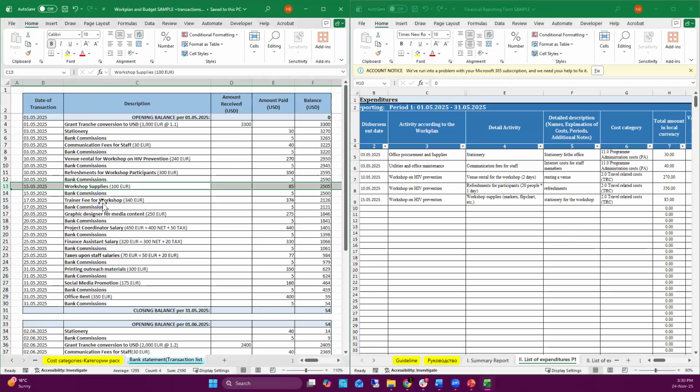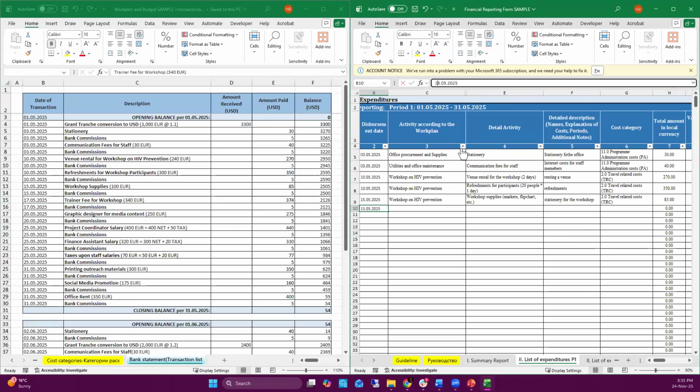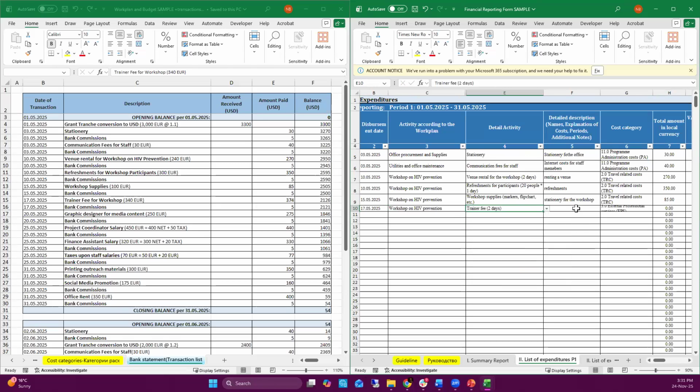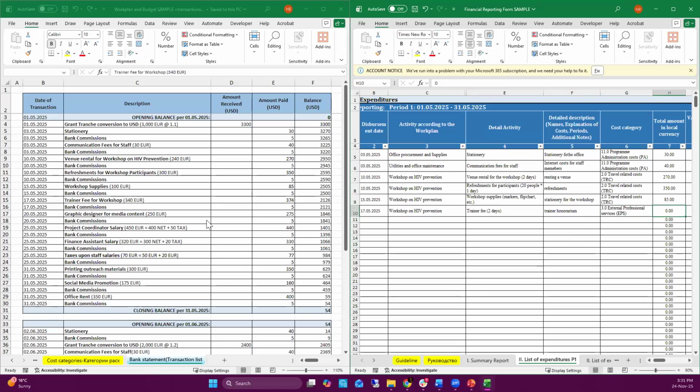Okay, next we have a trainer fee for the workshop on the 17th. So it's still the same. Trainer fee for 2 days. Here we are. Trainer fee, for example, and this amount. Then we have paid a graphic designer to create media content on the 20th, for example.